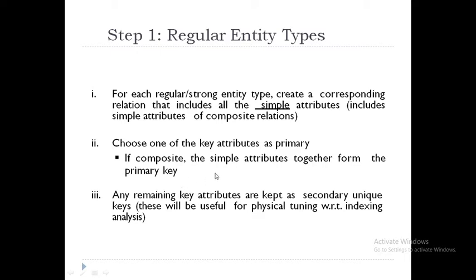That means if more than one attribute is required to identify the individual entity in the entity set, we can use the combination of these attributes as the primary key. If you have more than one key attribute, the remaining key attributes are kept as secondary unique keys. You can use the unique constraint when creating the table or relation, and these secondary keys can be used for indexing purposes.